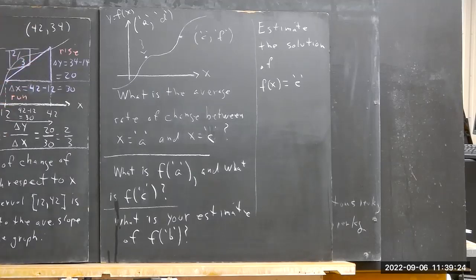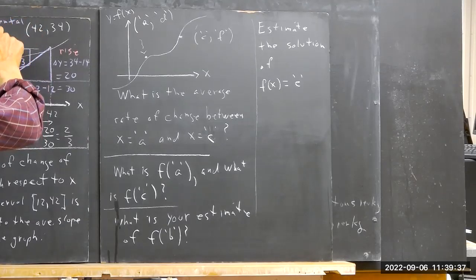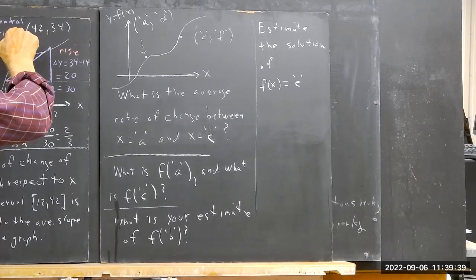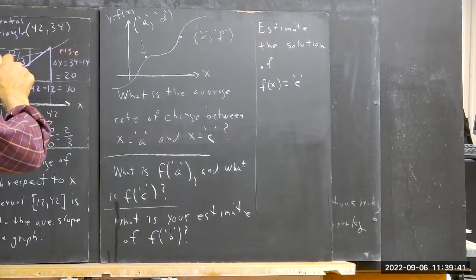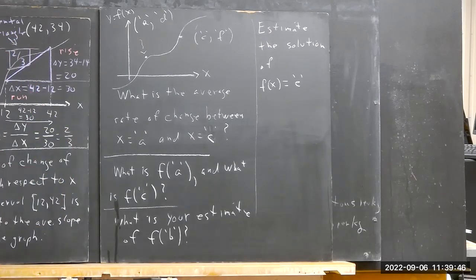So this whole picture should go with any calculation of average rate of change. All this thing in purple, all the labeling and everything, is the fundamental triangle for this interval and this function.